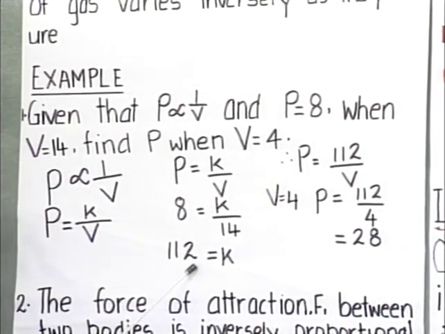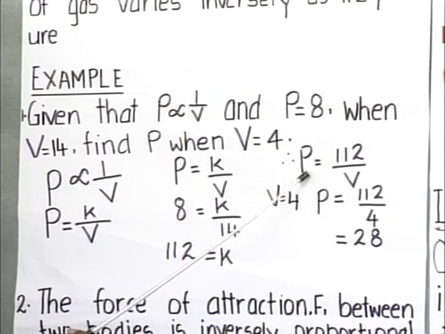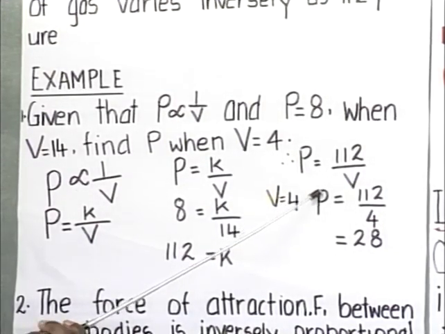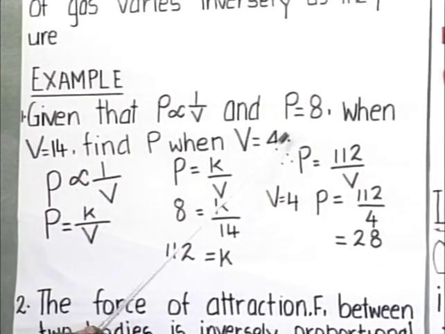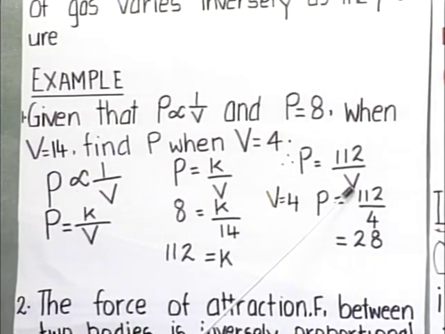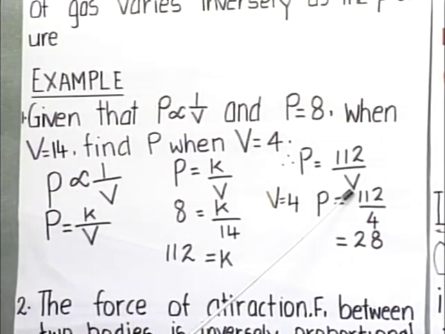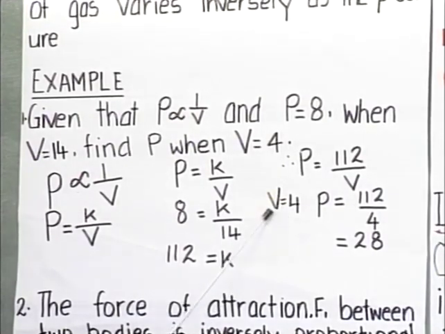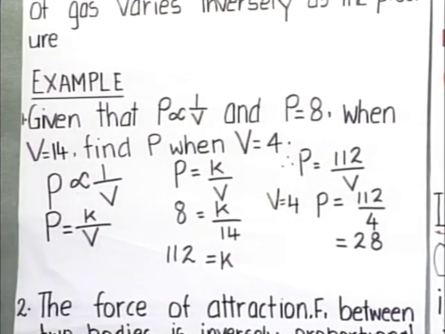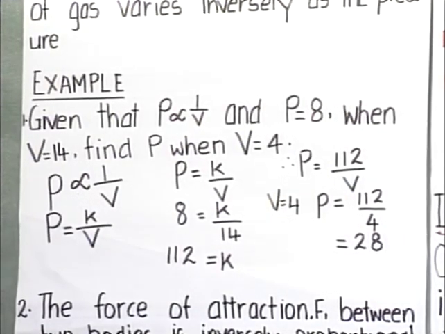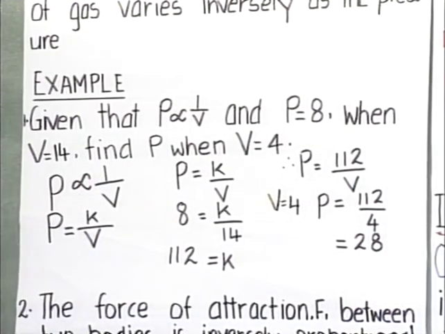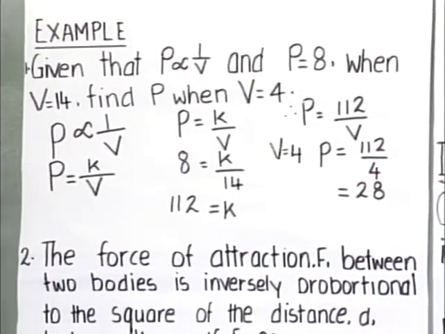I hope I'm correct in that one. Is that correct? The equation will now be P equals 112 over V. And when V is 4, P is equal to 112 over 4, which is 28. I would like you to use this example to see if you can do example number 2.